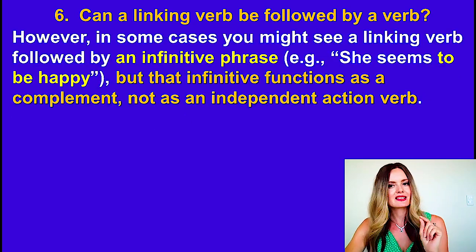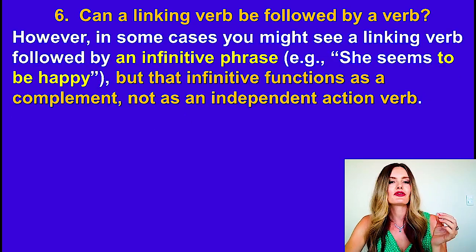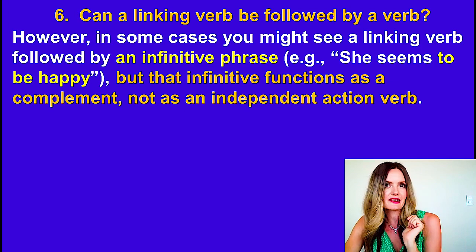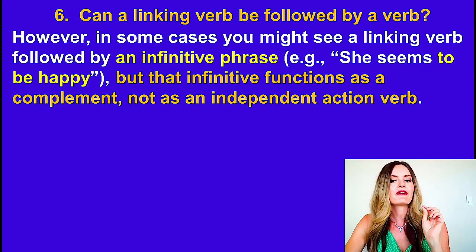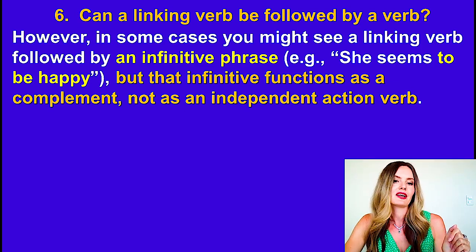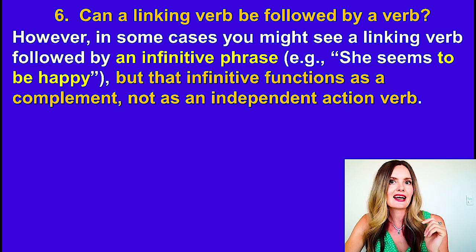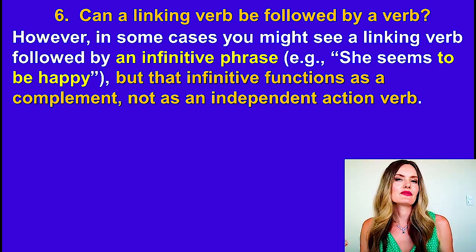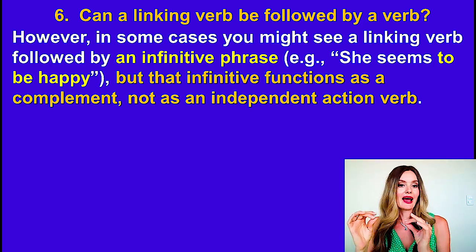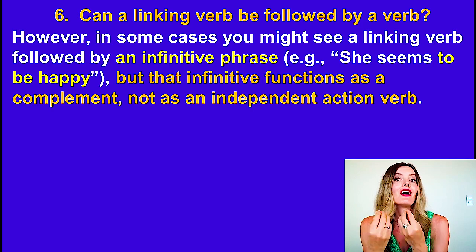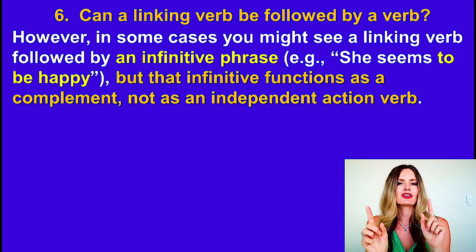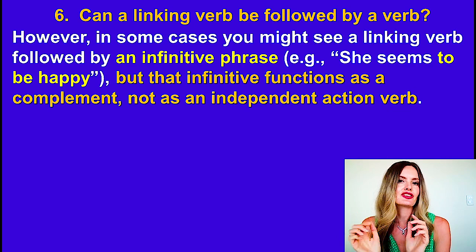However, in some cases, you might see a linking verb followed by an infinitive phrase, but that infinitive functions as a complement, not as an independent action verb. She seems to be happy. To be happy functions as a complement. It does not function as an independent action verb.